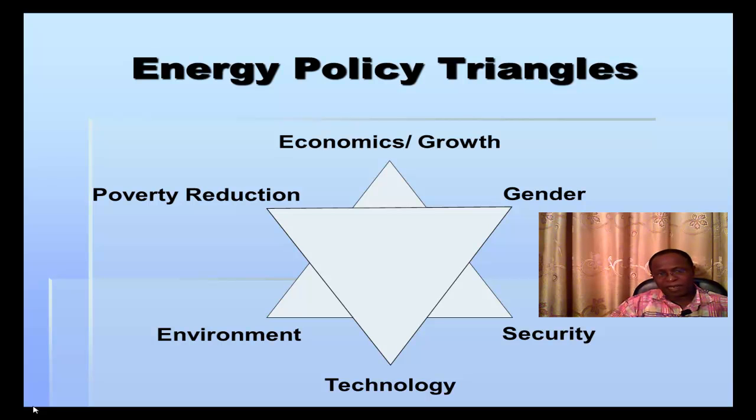And the idea here is that for developing country energy policy practitioners, it's important to look more broadly than just the conventional economic, security and environmental considerations that you will see in a lot of the energy policy literature.